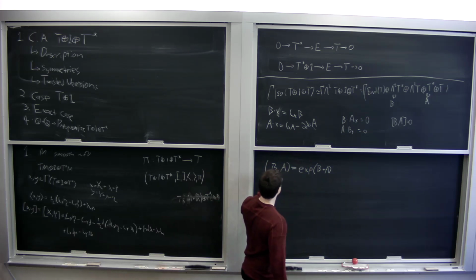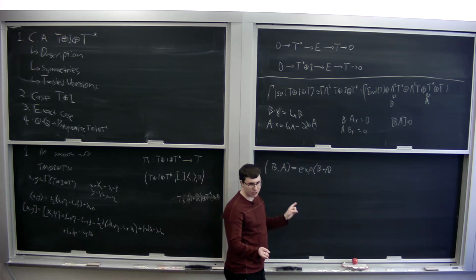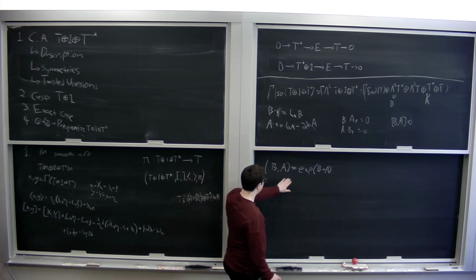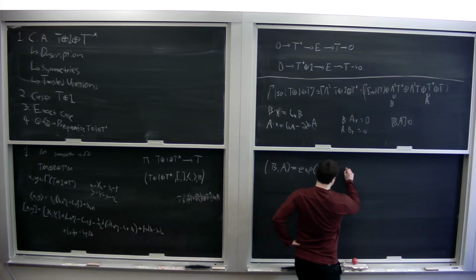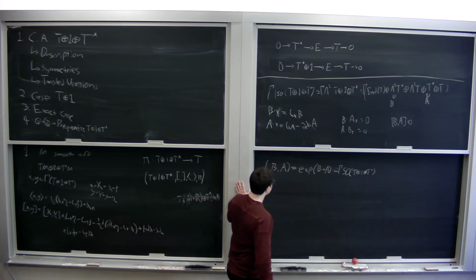The last thing to notice here, though, is that the action of the A fields doesn't commute with itself. If you have two different A fields acting, you can't commute them. So this lies in SO(T plus 1 plus T star), or a section of it, really. And this is a non-abelian group.